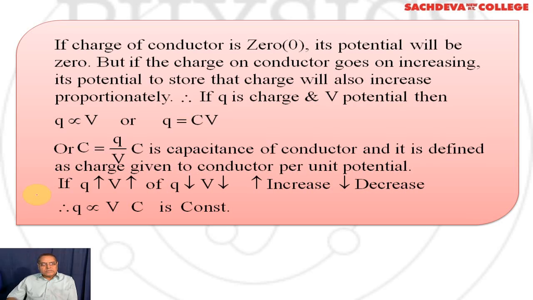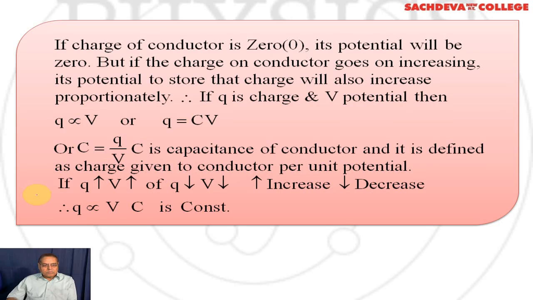Therefore, if Q is the charge and V is the potential, then Q is proportional to V, or Q is equal to CV, where C stands for capacitance. C is equal to Q by V. C is the capacitance of the conductor, and it is defined as the charge given to the conductor per unit potential.